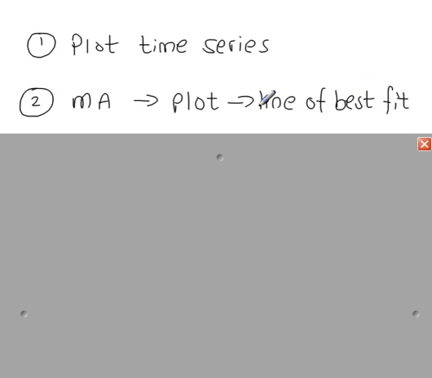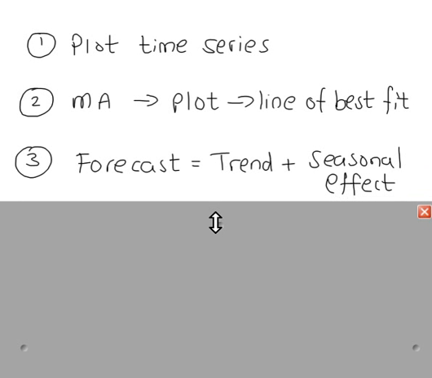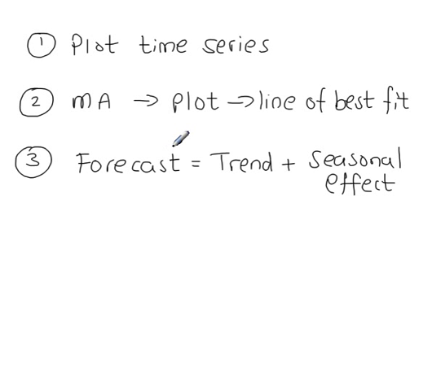That's a single line going through all of the moving average points. Step 3, do your forecast. Use the trend, which comes from the line of best fit, and your seasonal effect, which is just an average residual.